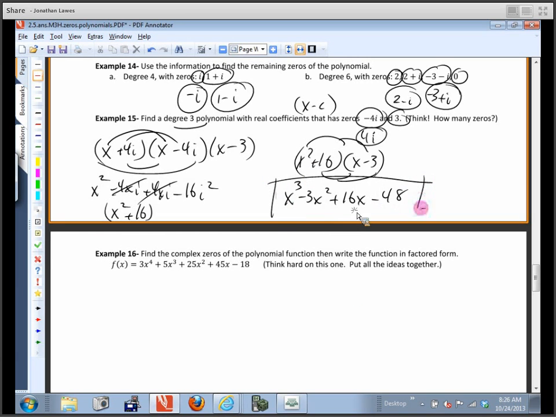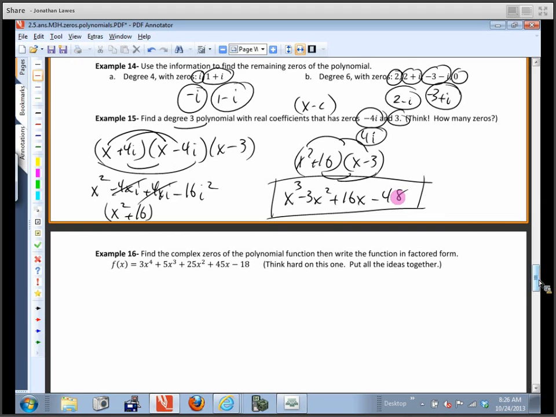This right here is the polynomial that has those 3 complex zeros. Okay, so do you see how this is going completely backwards? Normally we start with the polynomial and we have to come up with the factors and the zeros. Here they gave us the zeros. We came up with the factors, multiplied them together, and now we've got the polynomial. Okay, any questions?